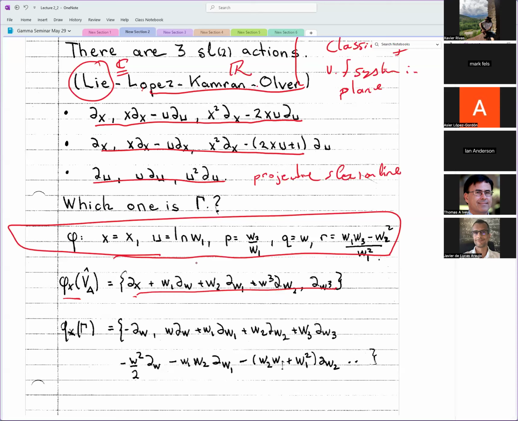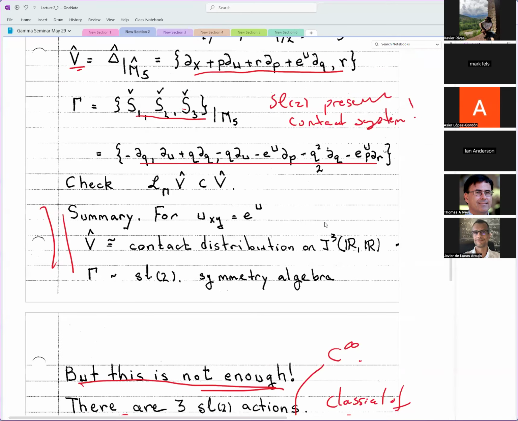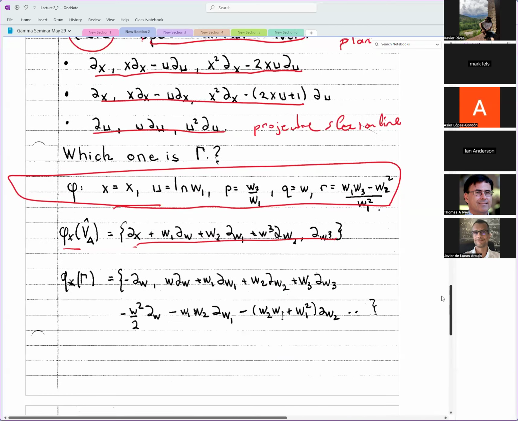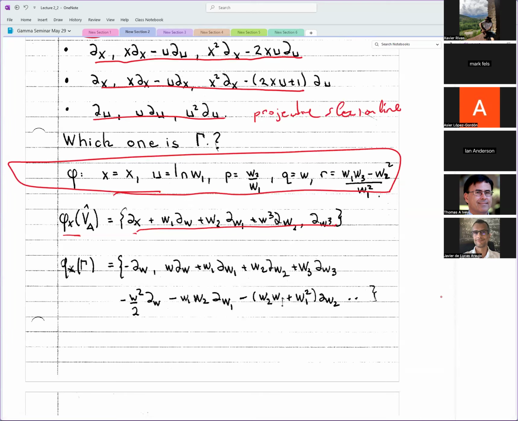Now apply exactly this change of variables to the vector fields I had on the previous slide, these vector fields right here, and you get partial W, W partial W, W squared partial W. There's your SL2 action.